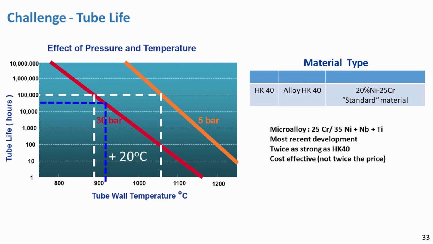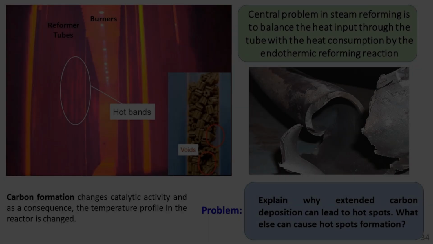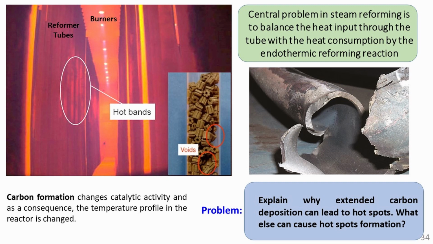At high operation temperature, the tube metal creeps under stress. The creep rate, which is almost constant over time, increases almost linearly with applied stress and exponentially with temperature. The creep eventually results in rupture along the grain boundaries of the metal.